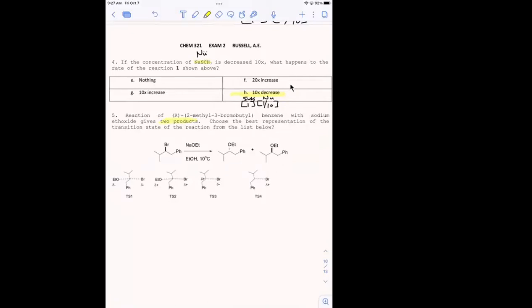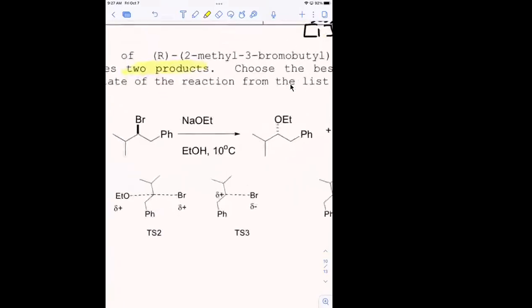Before we can pick the transition state, what do we need to know? Maybe whether it's primary, secondary, or tertiary, and also if it's SN1 or SN2. We need to know the mechanism. So is it SN1 or SN2? Let's go through the ICE method.